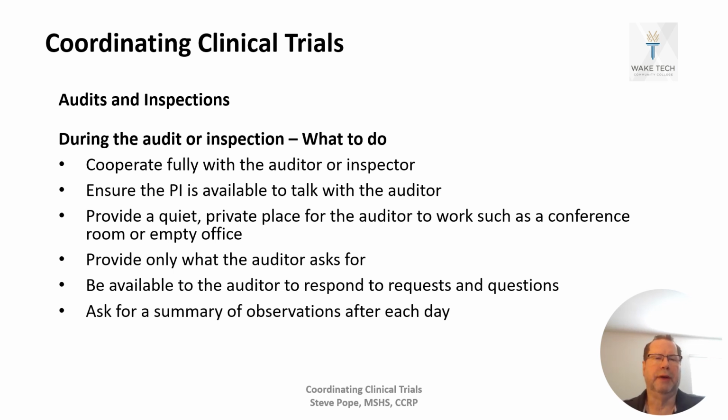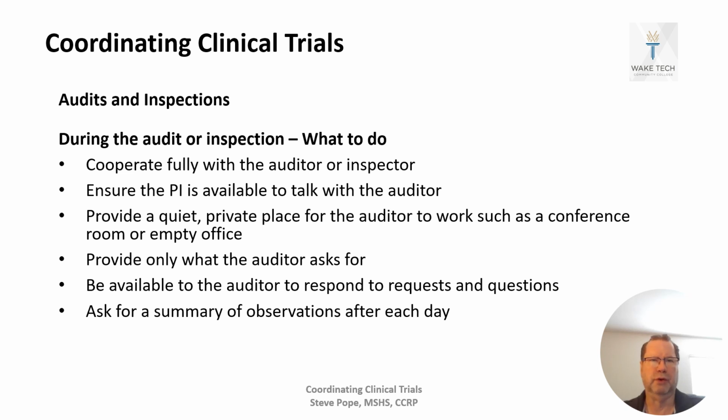So let's talk about what you're going to do during the audit or inspection. What should you be doing? This can't be stressed enough. Cooperate fully with the auditor or the inspector. They should be able to come up and tell you what they need. If it's an FDA inspection, they're going to show up.